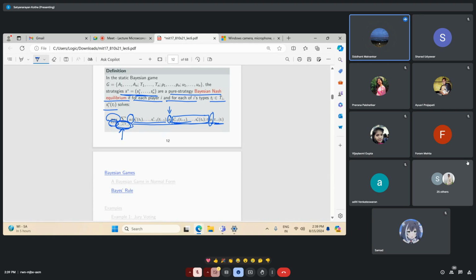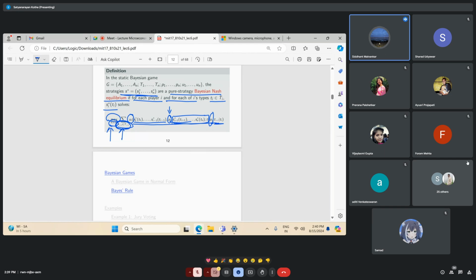Is that clear? So how you map your actions and strategies, knowing the types of the players, and depending upon the types of players, you build the conditional beliefs, and that gives you the maximum outcome of your game.